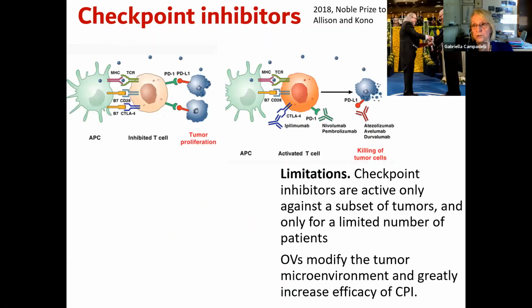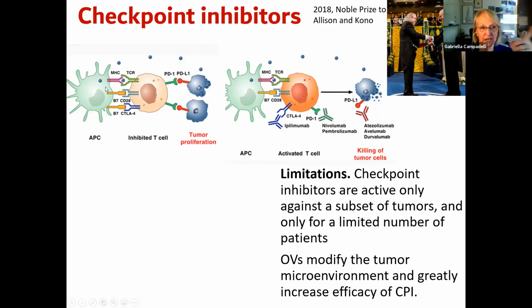For those of you who don't have a background on checkpoint inhibitors, I have this slide. Checkpoint inhibitors were discovered mainly by Allison and by Honjo. They received the Nobel Prize for this discovery in 2018. And the very basic story is the following.